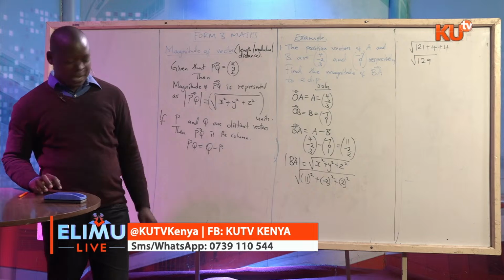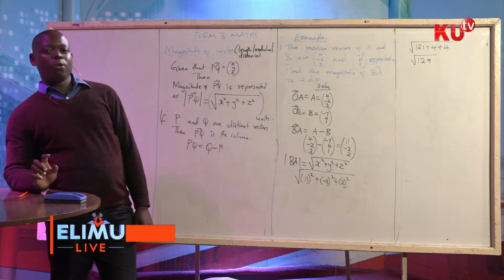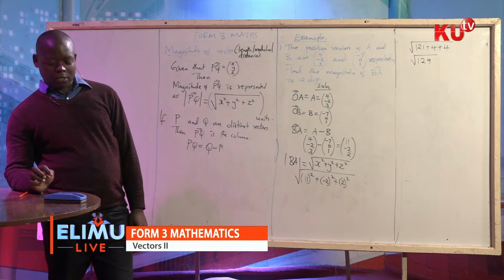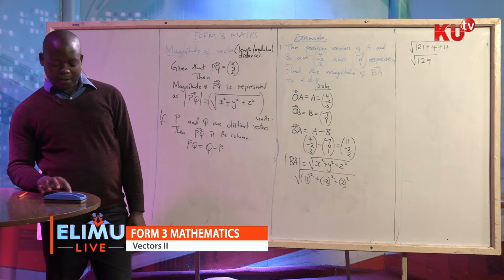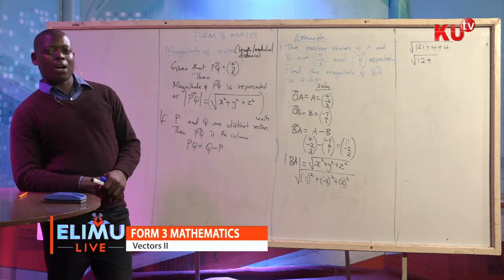Remember, the instructions are we get the value to 2 decimal places. So let's take our calculators. Have the square root of 129 on your calculator. Are we all there, students? Good.